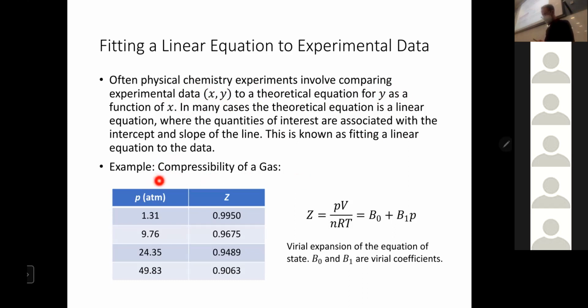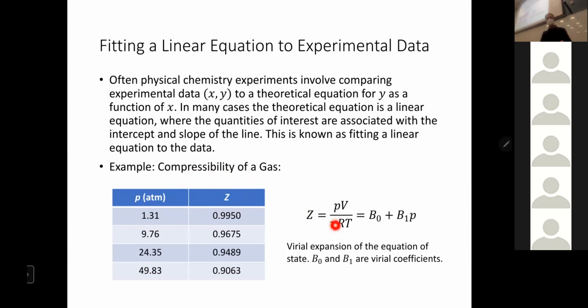So we'll look at an example where you did a laboratory measurement measuring the compressibility of a gas. So compressibility is a variable called z, and z is defined as pressure times volume over moles times gas constant times temperature. So for an ideal gas, this ratio, you would expect it to equal 1.